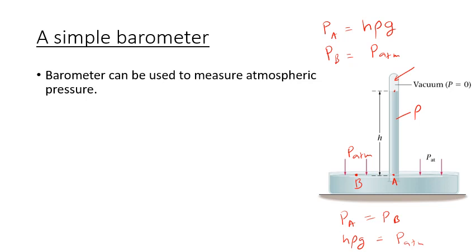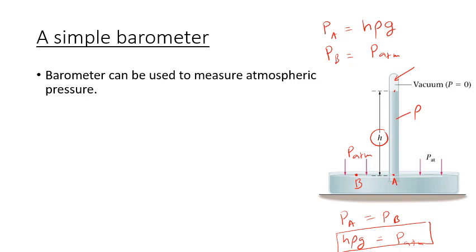So that means the height multiplied by the gravitational acceleration constant times rho, the density of the liquid, equals the atmospheric pressure. If you choose a particular liquid, the density is constant and the gravitational acceleration is constant. So the only dependent quantity is the height of the liquid column, this h value.